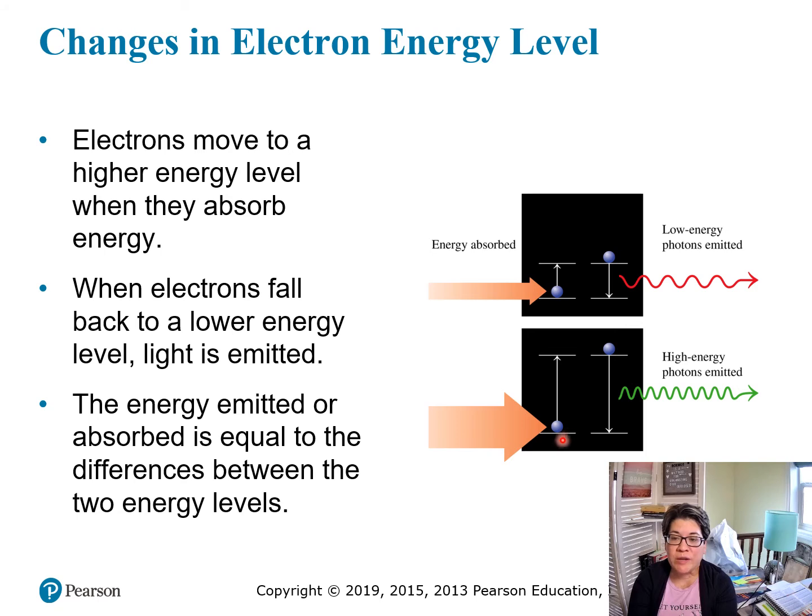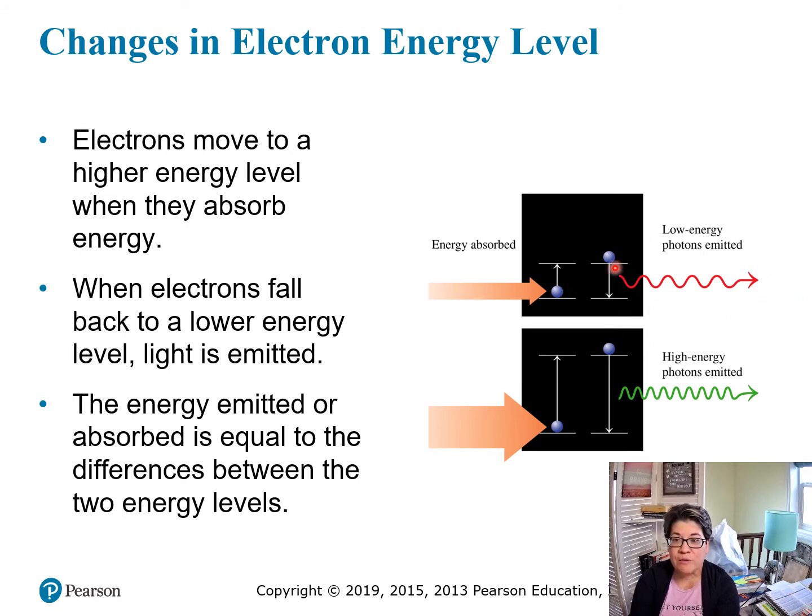But if they are doing a bigger jump, like maybe they're going a couple levels, that's going to take more energy and they're going to give off more energy. And so that's what determines what kind of light it is. When they make this jump down to a lower energy level, they're giving off light. So this is actually where light is made.